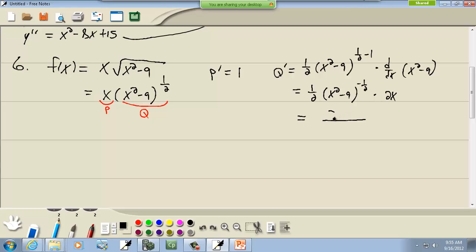And actually, let me show it. Okay, put 2x up on top, 2 down here. And the negative exponent goes downstairs, so that becomes a positive 1/2. And now the 2's cancel, and we got x over x squared minus 9 to the 1/2. And that's our Q prime.